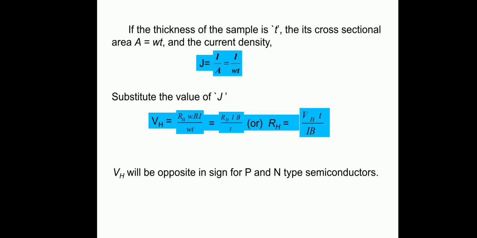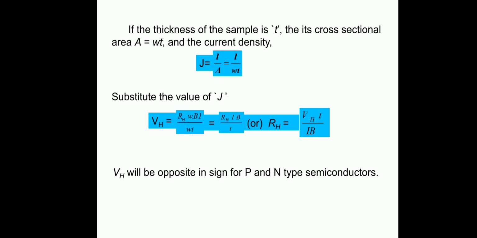So we know what is I, that is, we are giving the current, and we are selecting the magnetic field strength. Then t is the thickness of that sample. So after this there should be a potential difference generated, that is called V_H, and we can easily measure V_H. Then from this, V_H t by I B, we can find the R_H Hall coefficient easily.